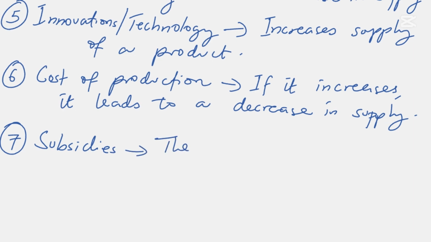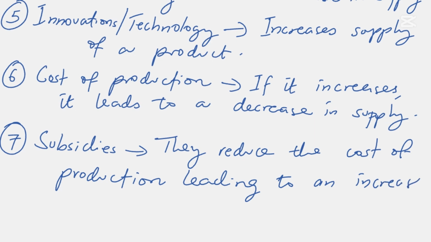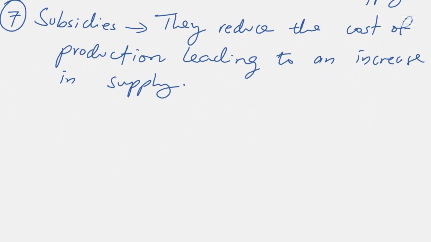This is still under government policy. Subsidies is a financial assistance given to farms or producers. So if we have subsidies given, then they reduce the cost of production, and consequently we have an increase in supply. And here we have discussed how these factors either increase the supply or decrease the supply.